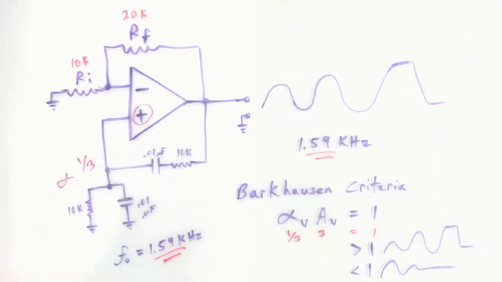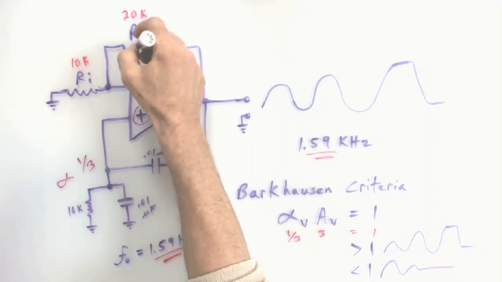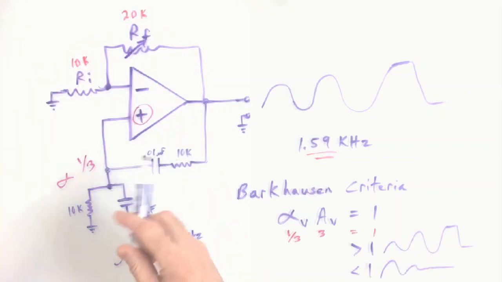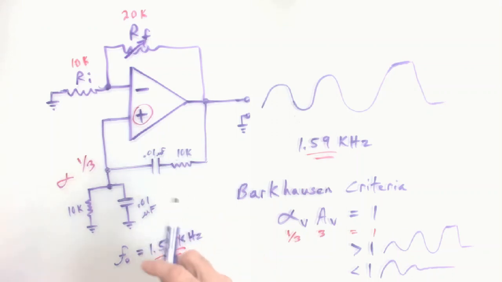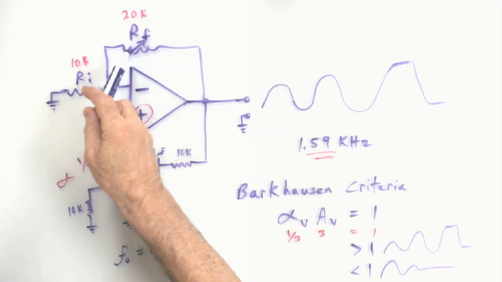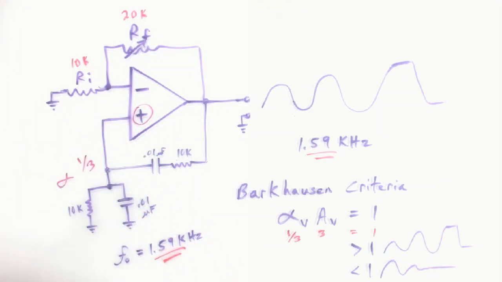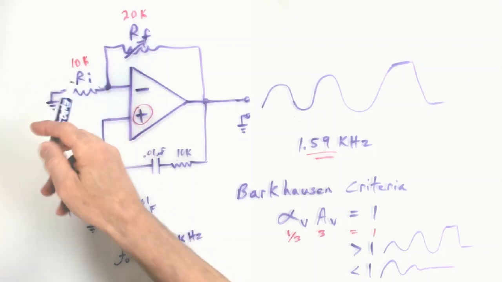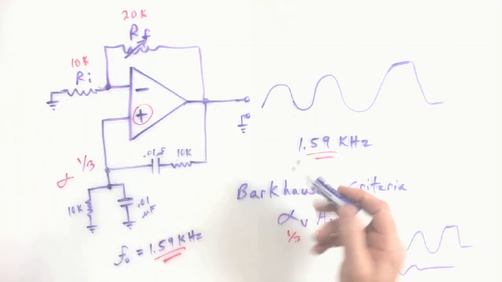For our initial experiments in the lab, if you have a variable resistor that you can use, I know we're at home right now, but that would be one way you could play with this oscillator and probably get it going, if you can finesse the 20K resistance a little bit and hit that sweet spot where you have this equal to 1. I actually got lucky probably, but I tried two 10Ks and one 10K. I tried 20K and 10K fixed resistors, and it did oscillate.